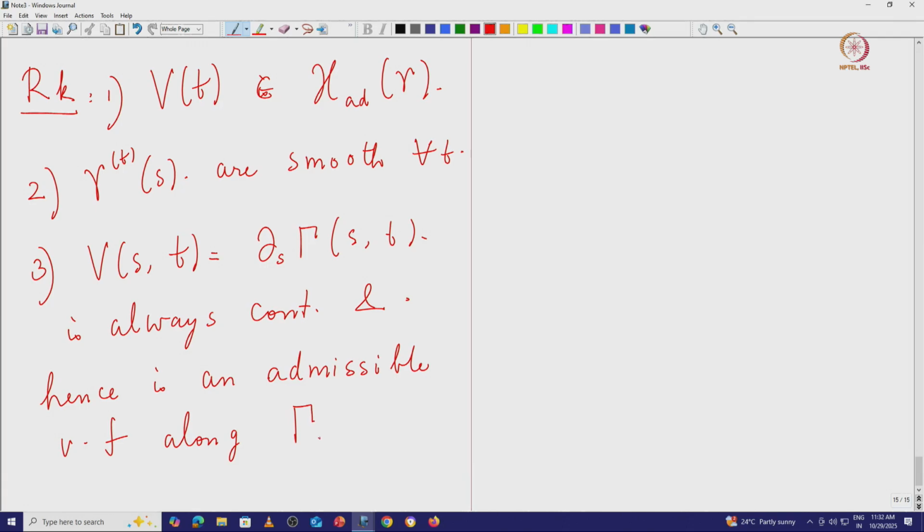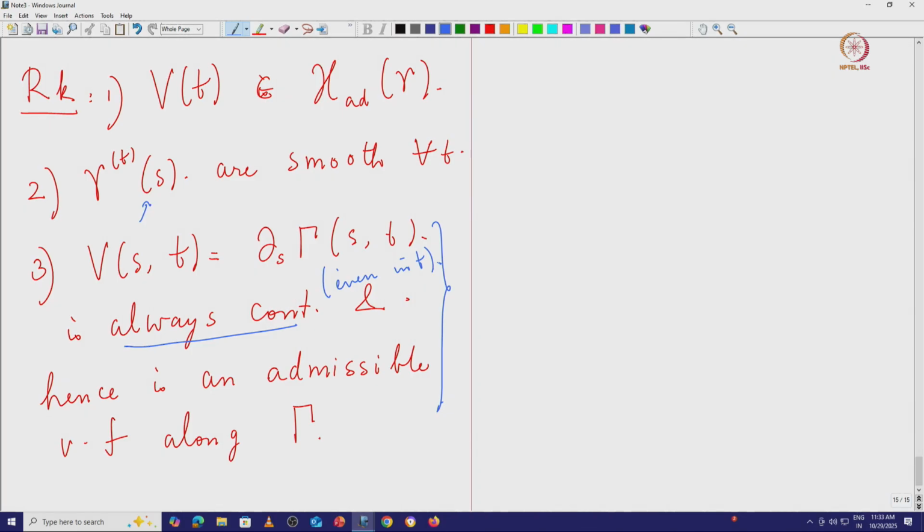Okay. All right. So, let me maybe end with these three remarks. In the next lecture, we are actually going to talk about the first variation formula. Let me comment that this remark is slightly subtle.